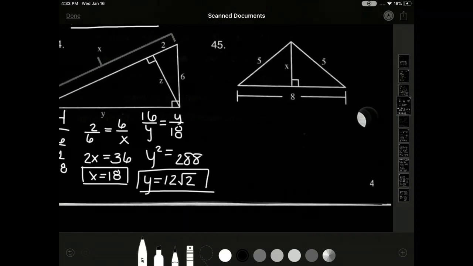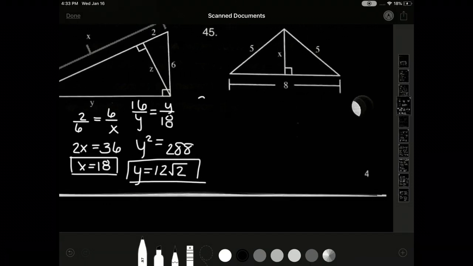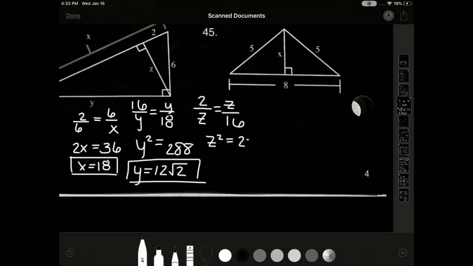I'll squeeze z down under the 45. That's fine. For z, we're going to use the upper left corner, so we have 2 over z equals z over 16. So we get z squared equals, well, we'll just say 2 times 16 because 2 is not a perfect square, nor is it made up of perfect squares. So we know 16 is our perfect square, so z equals 4 square root of 2.